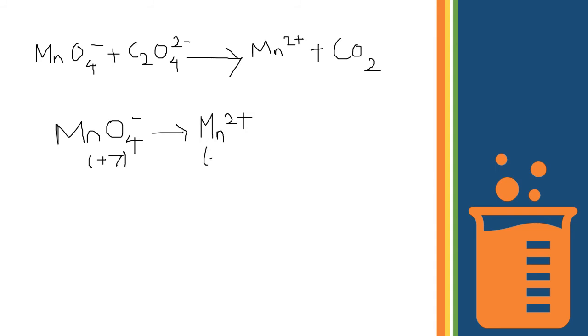Don't forget to write the oxidation number in all cases. And there you go. We have separately written these reactions, and there is no need of equalizing the elements because it's already balanced.